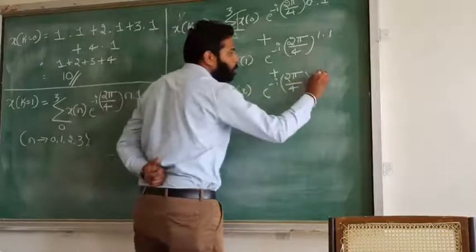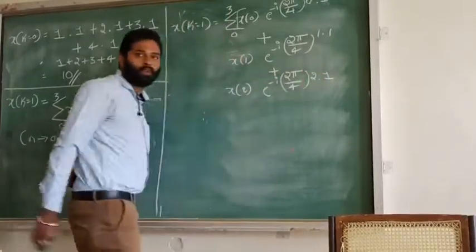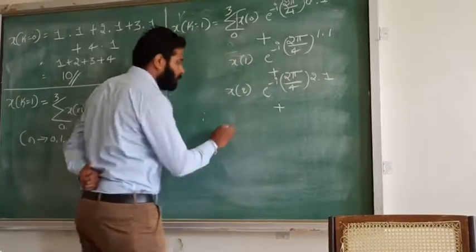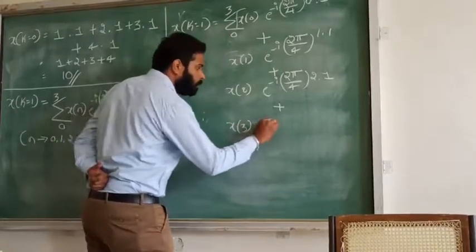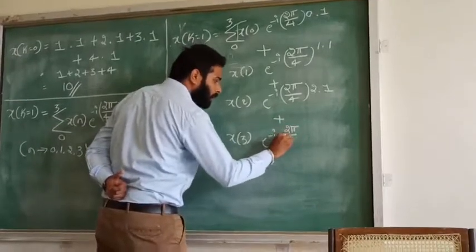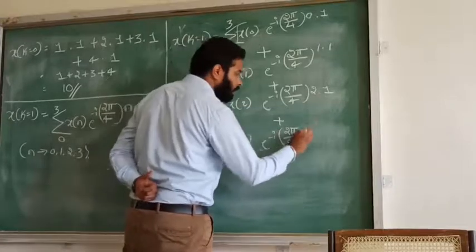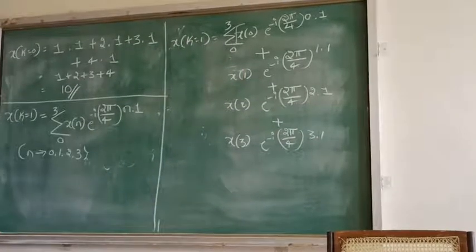Now k is 1. Now n is equal to 2 into 1, plus x of 3 e raised to minus i 2 pi divided by capital N, again n is equal to 3 into 1. Okay.